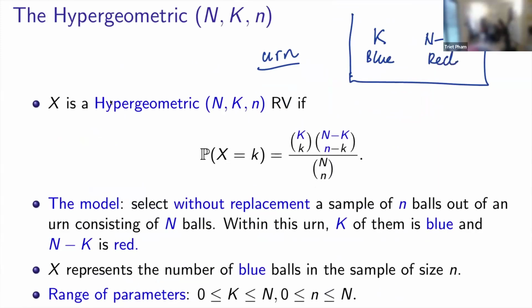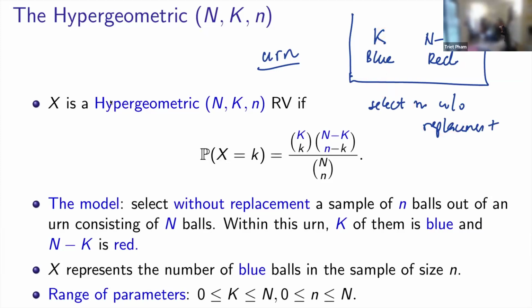N here represents the total in the urn. And you select n without replacement, and you want to check how many blues are in your sample. So long story short, this is sampling without replacement in a finite population. The population being the urn, you sample without replacement.